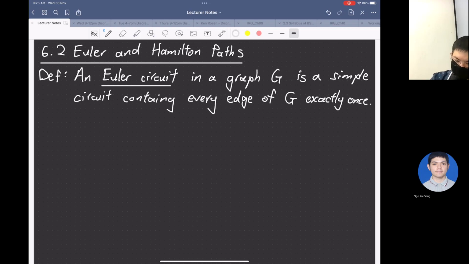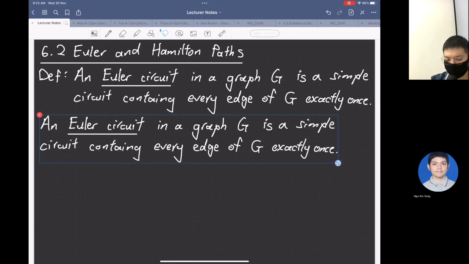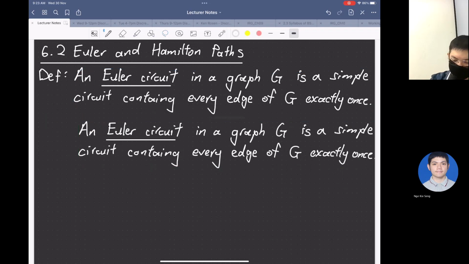And similarly, you can form an Euler path, just that for an Euler path there is no need for the starting point and the end point to be the same.